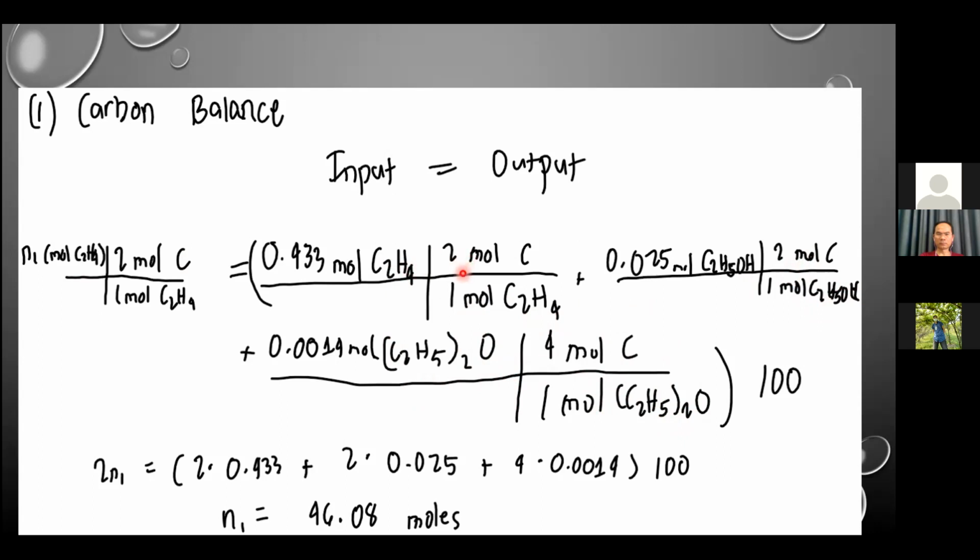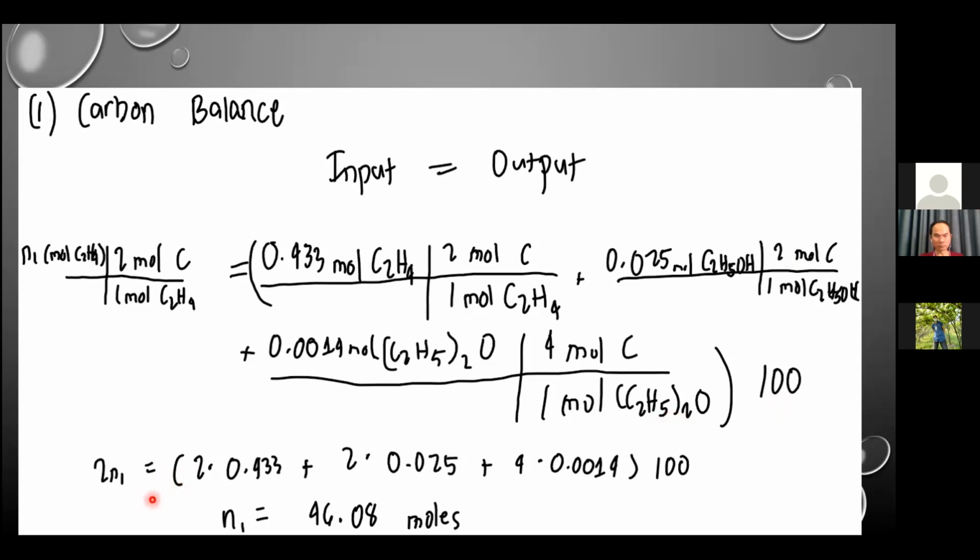We're going to multiply the amount of carbon in each compound by its molar fraction, and then multiply by the total amount of moles, which is 100.